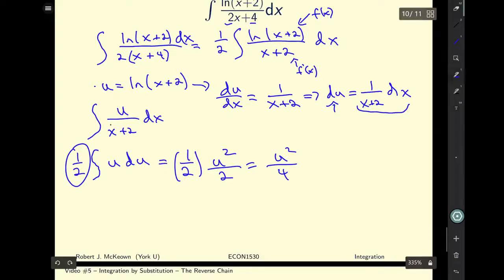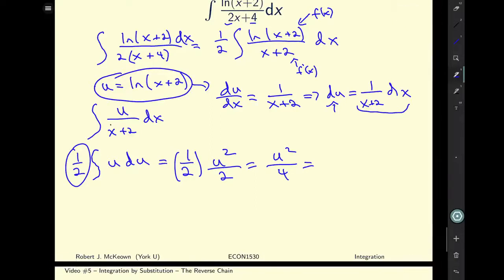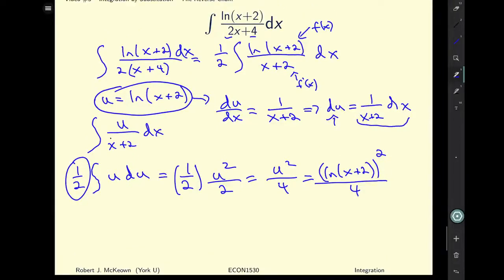Now I want to replace my u with this thing, what I defined it as earlier, log of x plus 2. So I'm going to have log x plus 2, and that whole thing is going to be squared and divided by 4. And of course, plus my constant term, lest I forget.